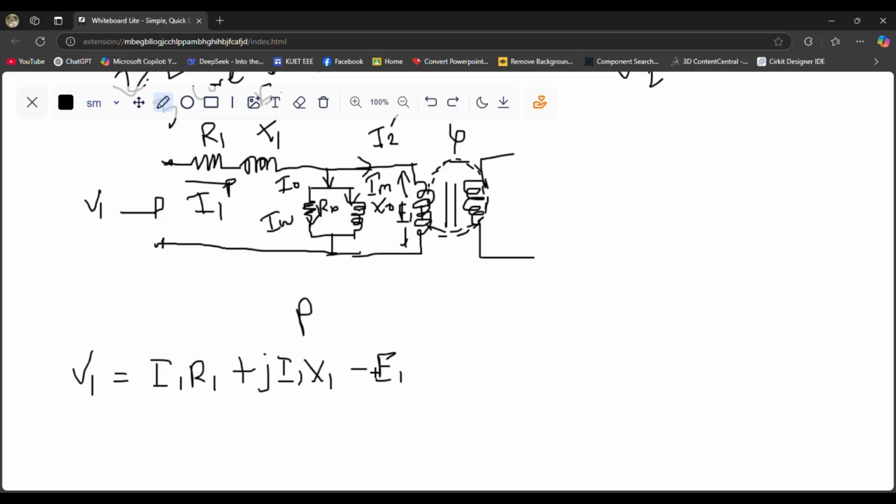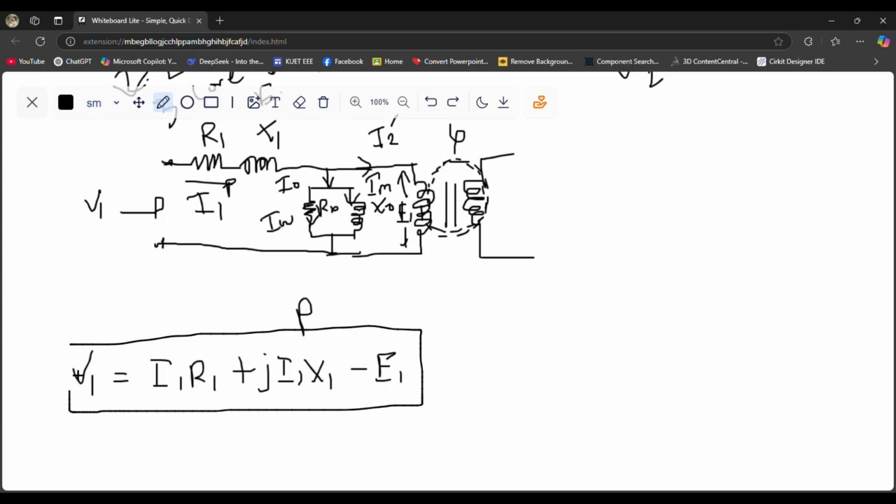E1 is negative because of its characteristics. We know from Lenz's law that when flux is made by V1, the induced voltage E1 will oppose this V1. For this opposition characteristic, E1 has a negative sign. So this is the primary side voltage equation.